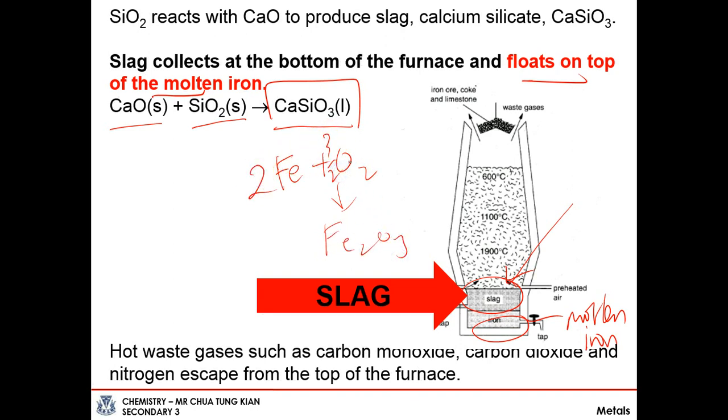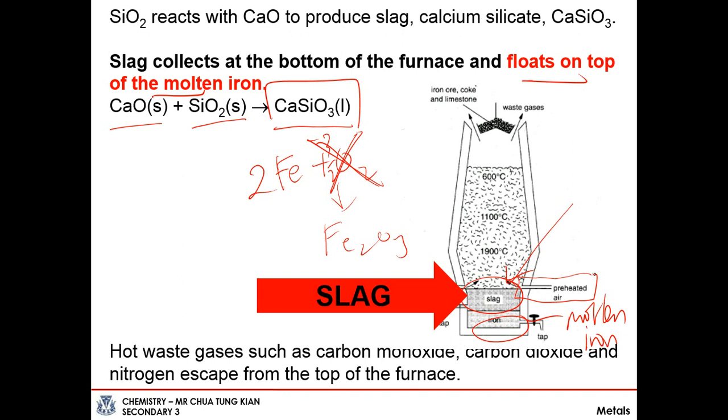But why doesn't this reaction take place? Because there is no oxygen in contact with the iron. Why? Because the slag forms a layer above the iron and it seals off the entry of preheated air, which contains the oxygen.